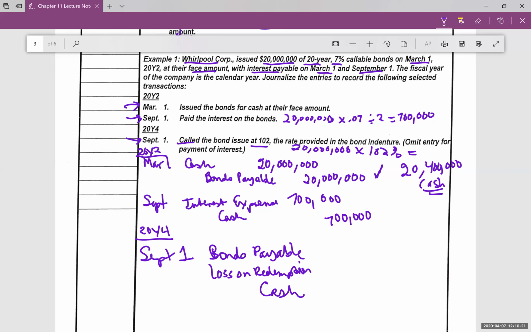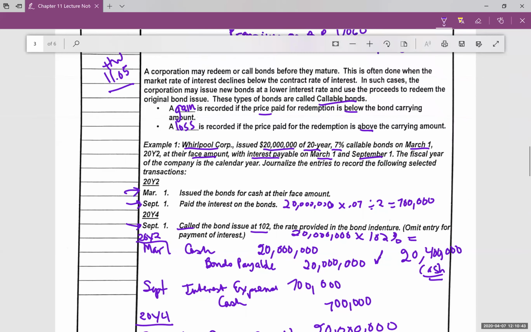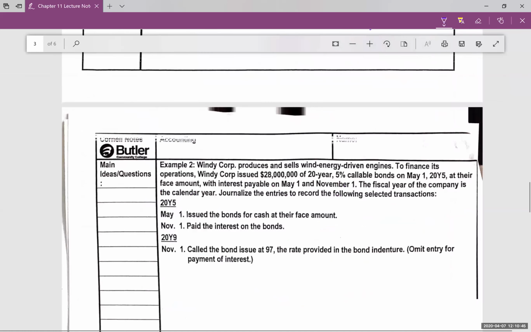And then the full cash amount they had to pay to redeem these bonds, 20,400,000. The amount sitting in bonds payable originally was 20 million, so we're clearing that out. And then the difference between these two needs to be a $400,000 loss, which is losses or debits, gains or credits. And again, have this out when you're doing your 11.05. It should really help you.